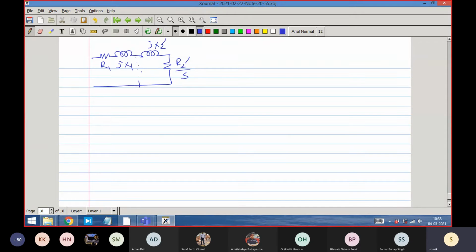They are ignoring this part, assuming XM is very high. This is VR. So this is somewhat easy to solve.